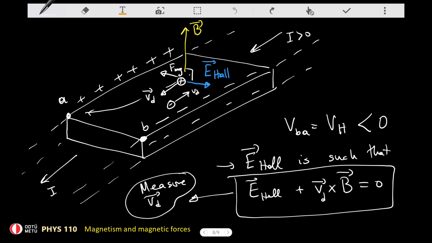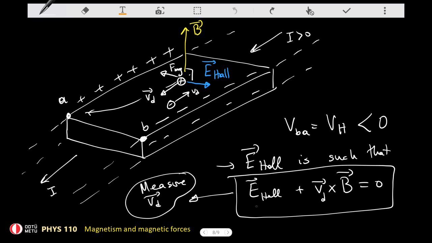So the essential idea in here is that somehow the Hall electric field is such that it cancels the magnetic force acting on the charge carriers on the average. And so as a result, the Hall electric field together with the magnetic field, they behave like a velocity selector for the drift velocity.